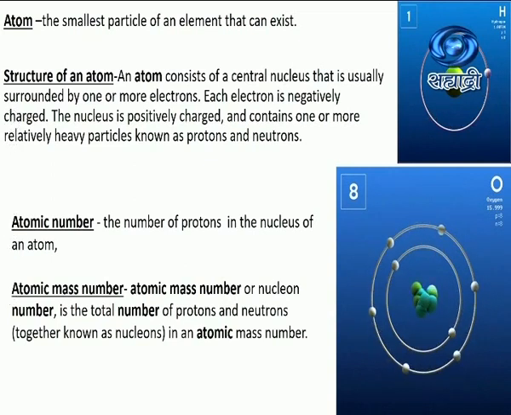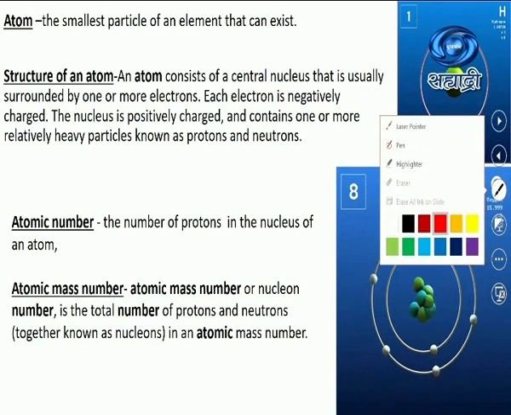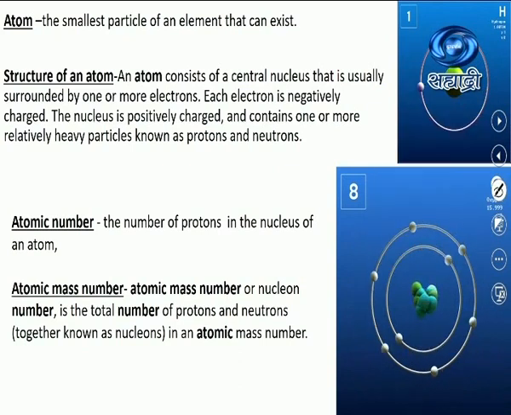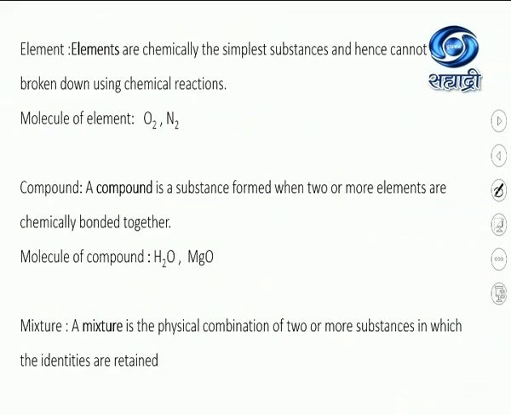Atomic mass number. What is atomic mass number? It is the total number of protons and neutrons together. Those are also called nucleons, you can see. So the number of protons and neutrons in the nucleus is nothing but the atomic mass number. So let us revise those things again.